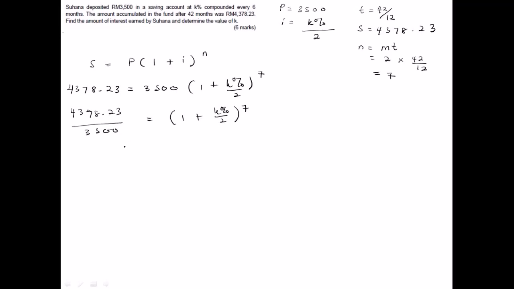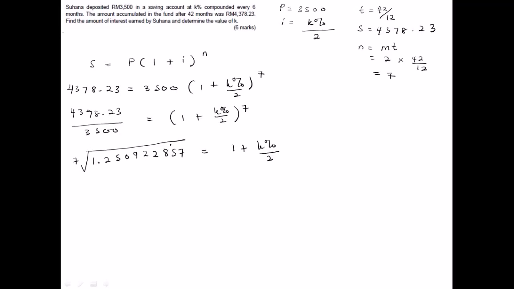Okay, let's divide this first. 4378.23 divided by 3500. We get 1.2509222857 equal 1 plus K percent over 2, power 7. Move to the other side.